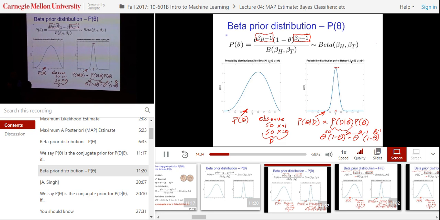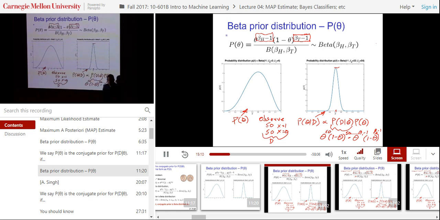And then we purposely chose to use a beta distribution to represent this term because it's in a similar functional form to the data likelihood, and the parameters of the beta distribution, beta 0 and beta 1, are conveniently defined to go along with our intuition so that we can treat those beta 0 and beta 1 parameters as capturing our prior intuitions in terms of imaginary examples.